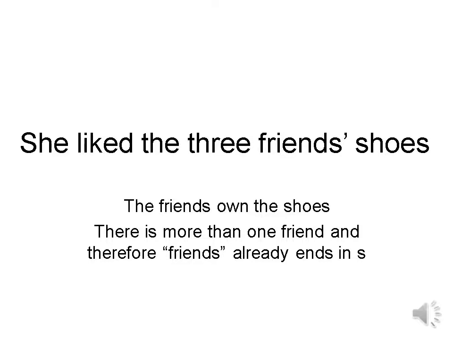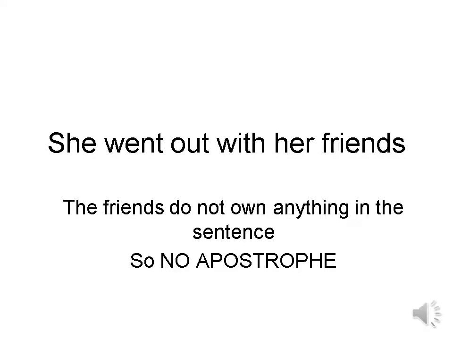We have a plural, friends, they own the shoes, therefore it is after the S. She went out with her friends. In this instance there is no ownership, the friends do not own anything, so there is no apostrophe.